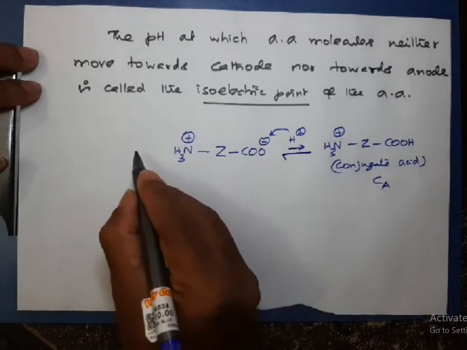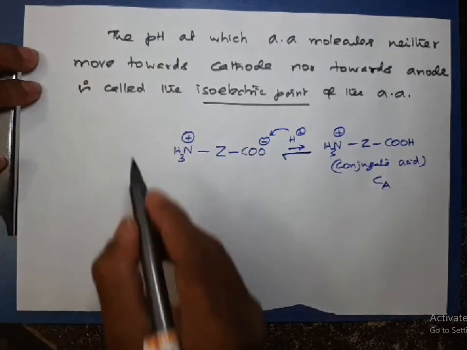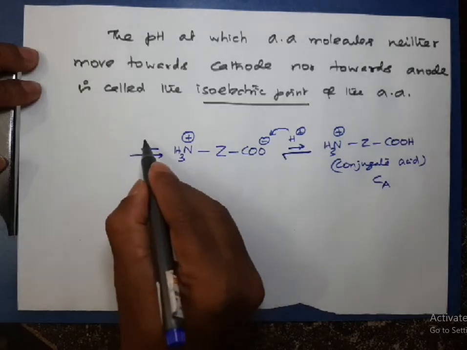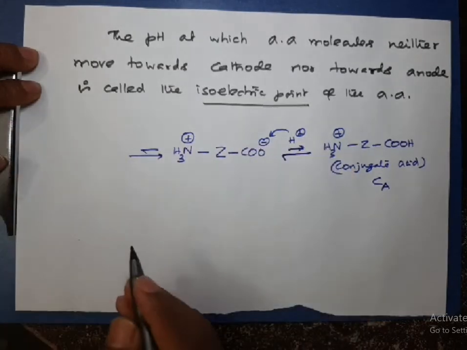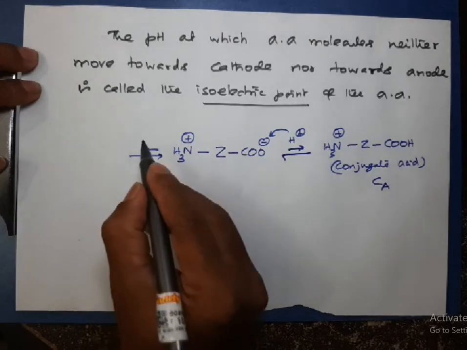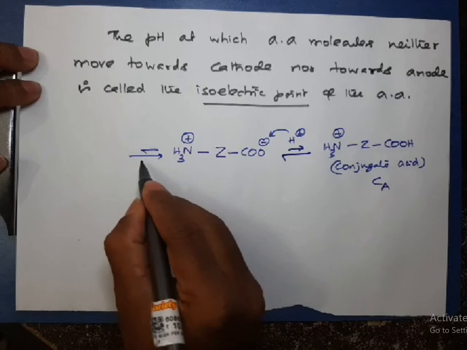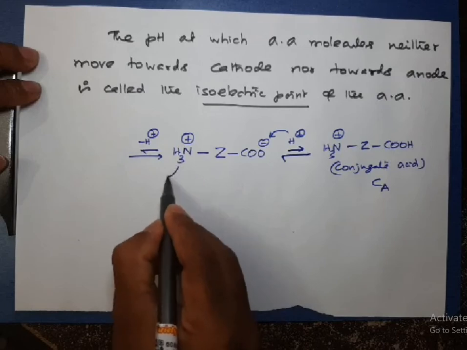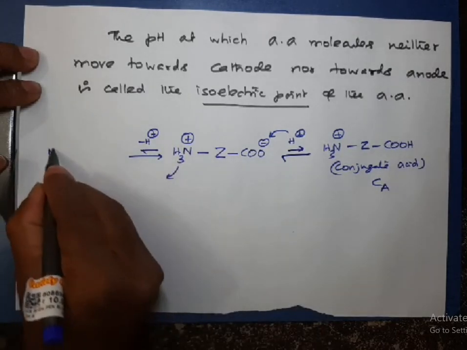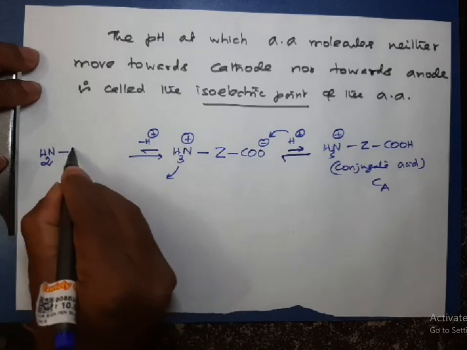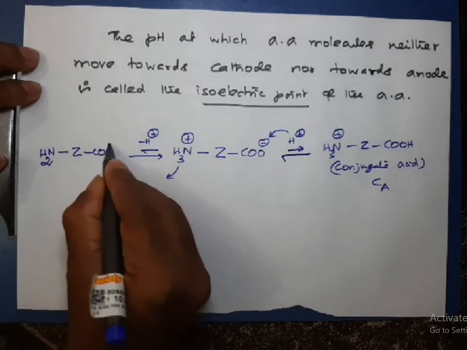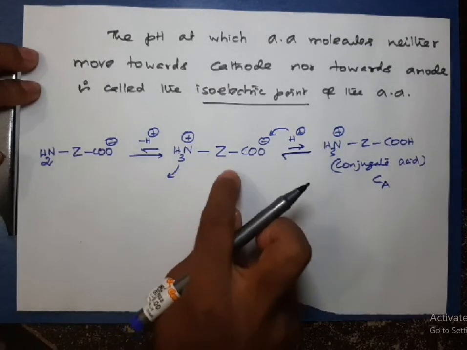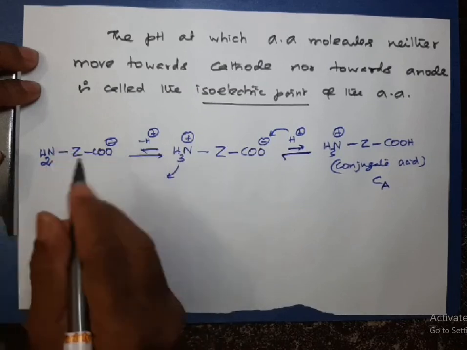Now what happens at high pH? At high pH we should remove H plus. So at high pH, this H plus from NH3 plus will be removed, and you will get this ion, NH2 CH2 COO minus. Students, from any molecule, if you remove one H plus, you get a species called the conjugate base.